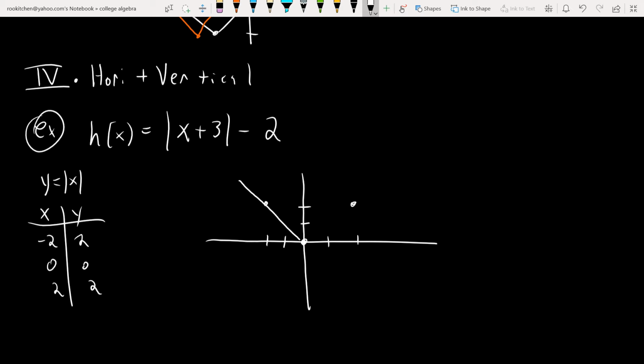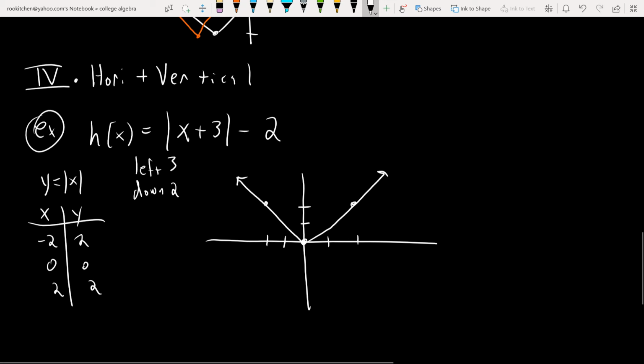So here is our original guy. Okay, and so what do we want to do? On the inside, you're going left by 3. Okay, so maybe I should mark that down, left 3. And then on the outside, it looks like you're going to have to go down 2.